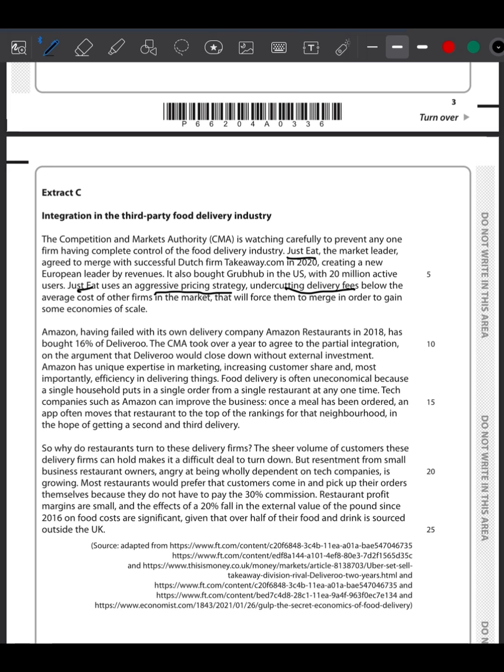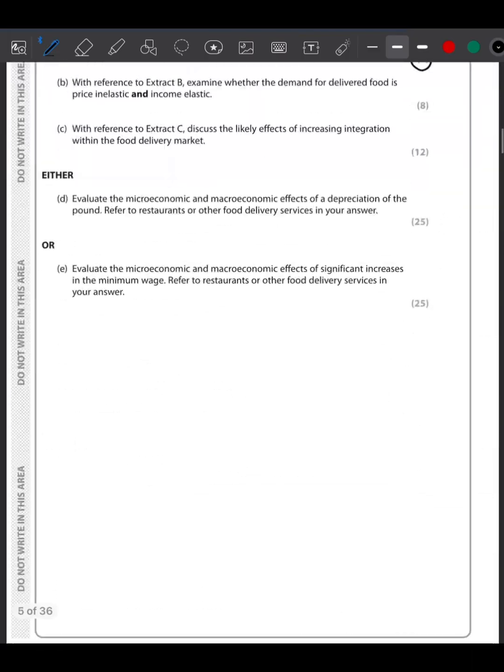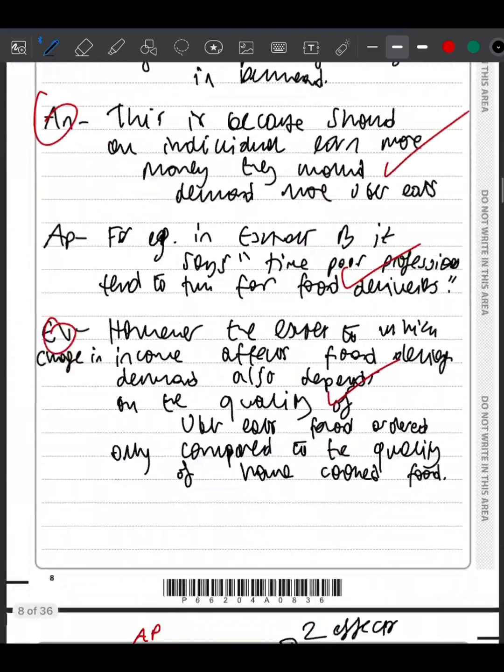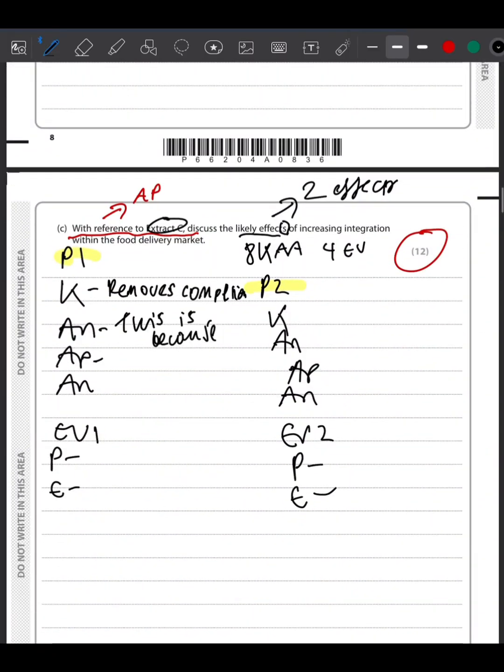And you could also argue that this leads to an increase in demand, which may lead to higher revenue for firms. You can link the economic theories, but we don't want to write too much. So getting back to the question, why it removes competition, we say the firms merging removes competition.